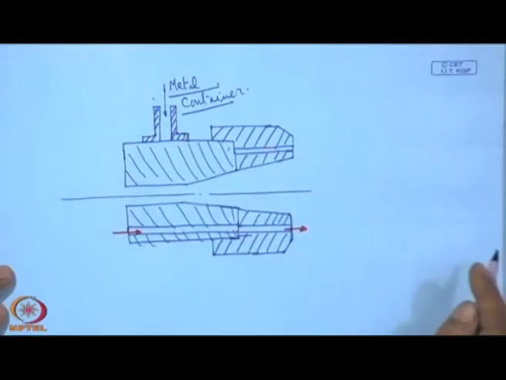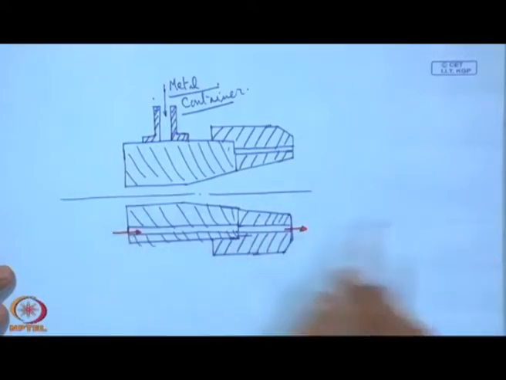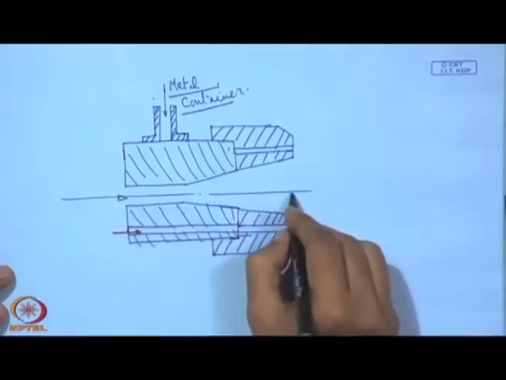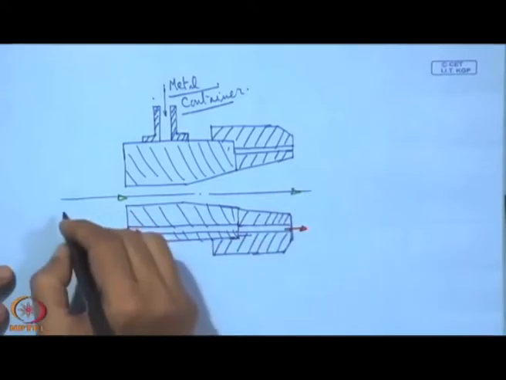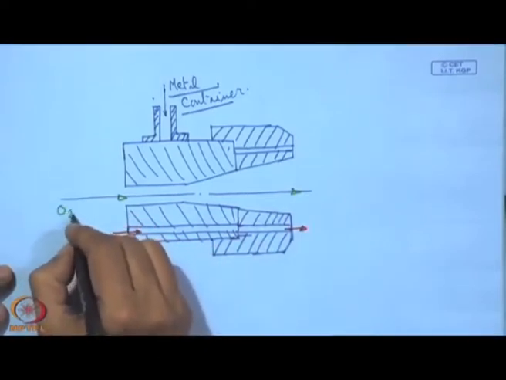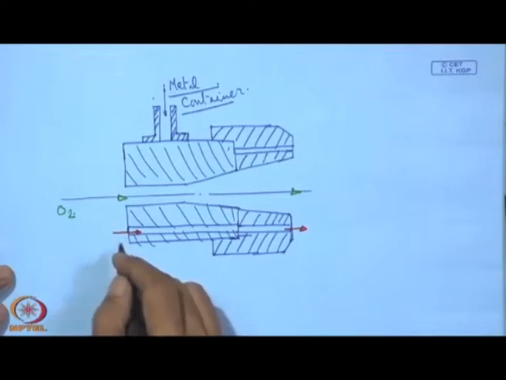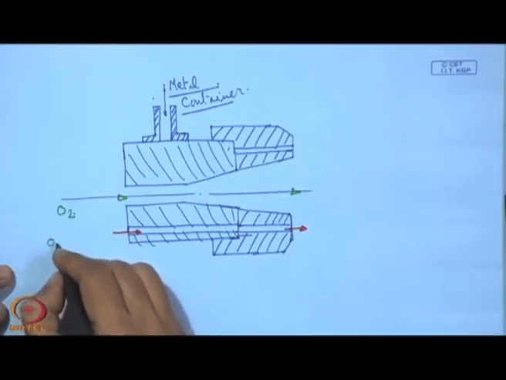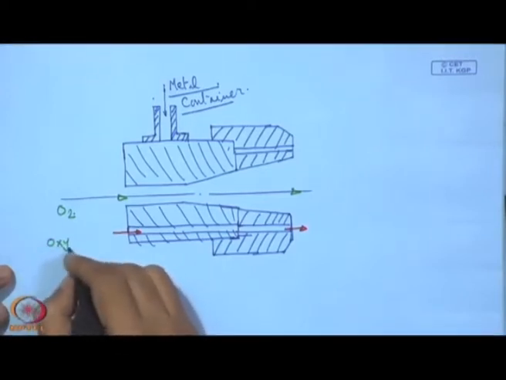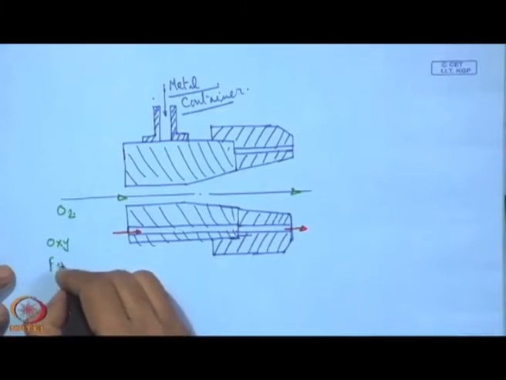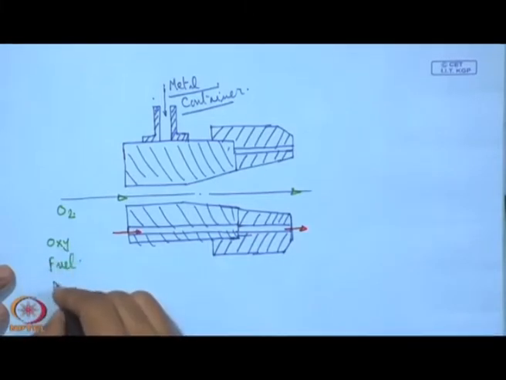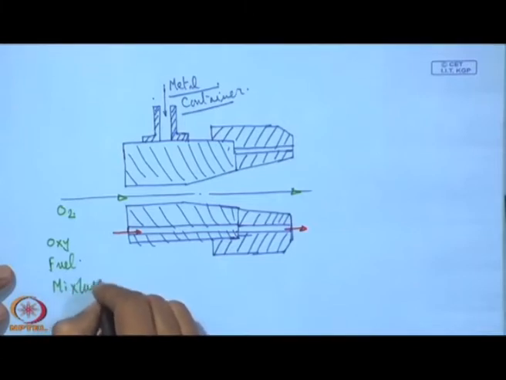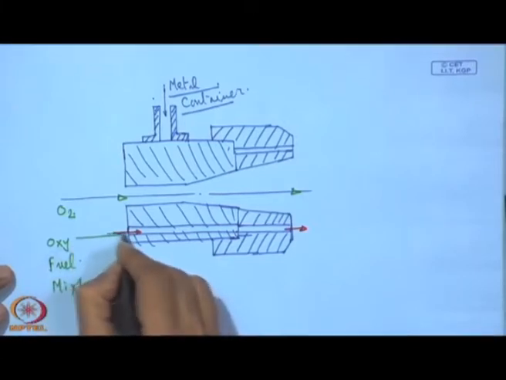Now we have two passages. One is on one side, which we have marked with this red line, and the other, the central one, we are marking with this green line. Through this we have the flow of oxygen, and through the other we have the oxy-fuel mixture.